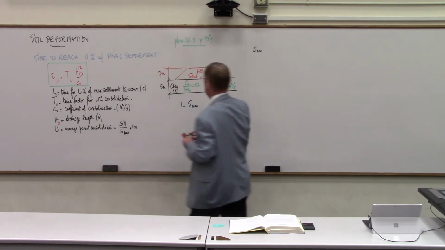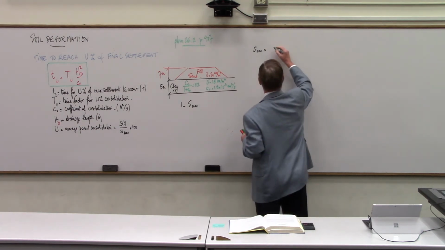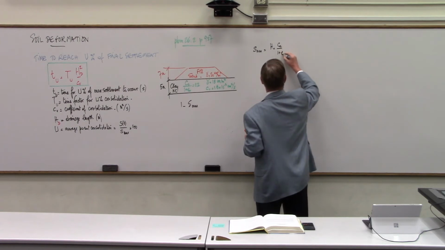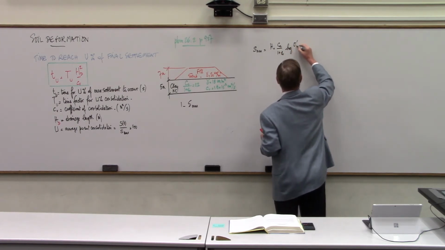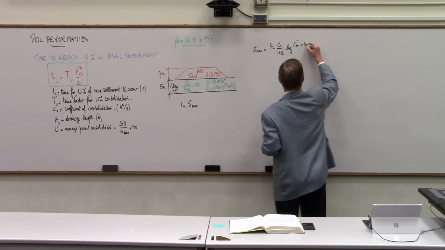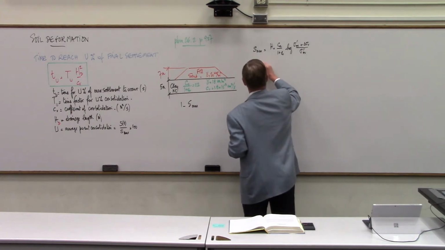Normally consolidated clay. S max is going to be equal to H0 Cc over 1 plus e0 log of sigma prime 0v plus delta sigma v divided by sigma prime 0v.